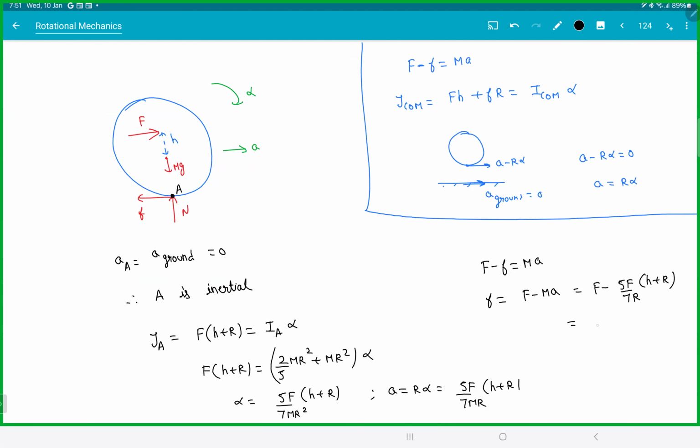So this would be 2F by 7 minus 5Fh by 7R. That would be F by 7R into 2R minus 5h. That's your friction. Check. So taking torque over the bottommost point will save you a lot of time. You get it in one step.